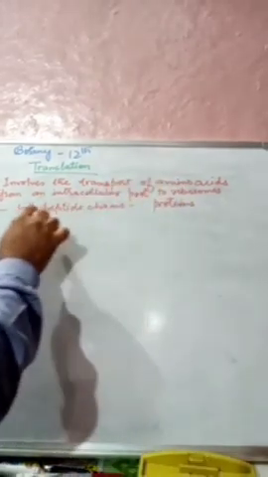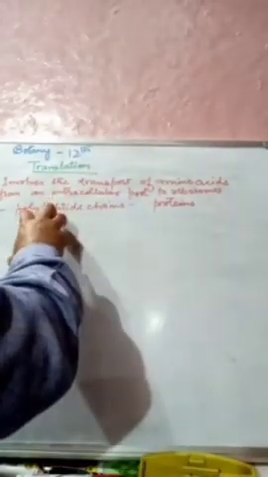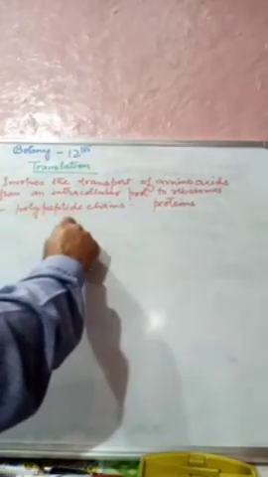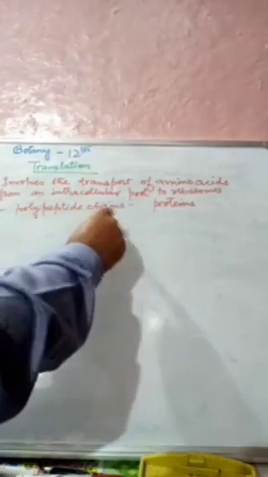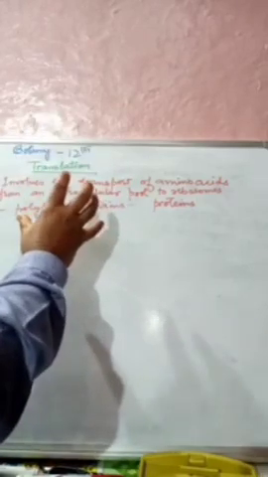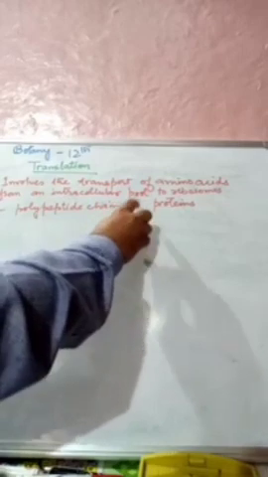So these amino acids enter the ribosomes. When these amino acids are transported to the ribosomes, they are assembled into polypeptide chains, and these polypeptide chains are then assembled into proteins elsewhere in the cytoplasm.